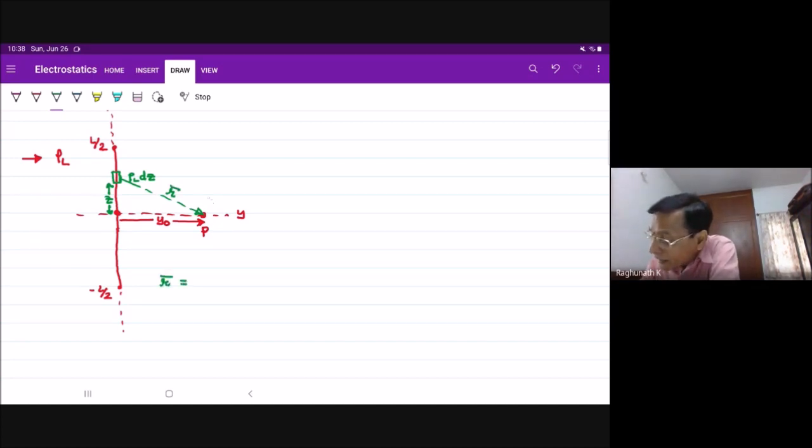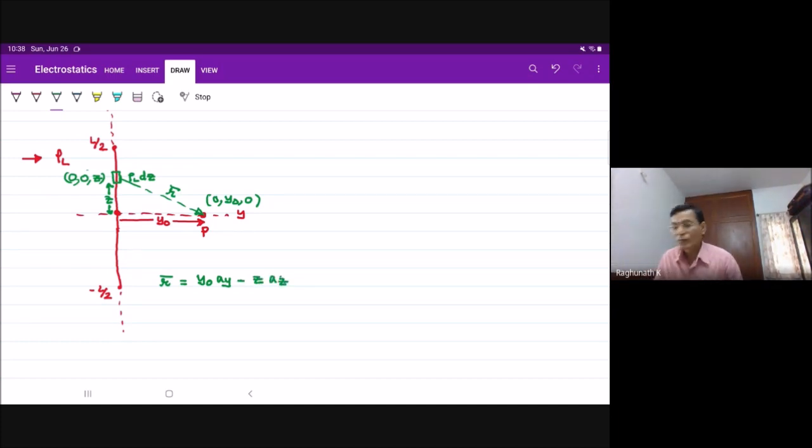Because the field point has the coordinates 0, y naught, 0, and the source position is 0, 0, general z, the vector from 0, 0, z to 0, y naught, 0 is: 0 ax, no x component, y naught ay, minus z az.